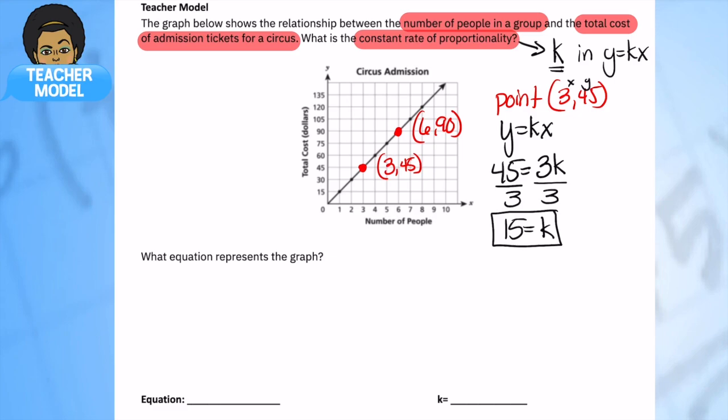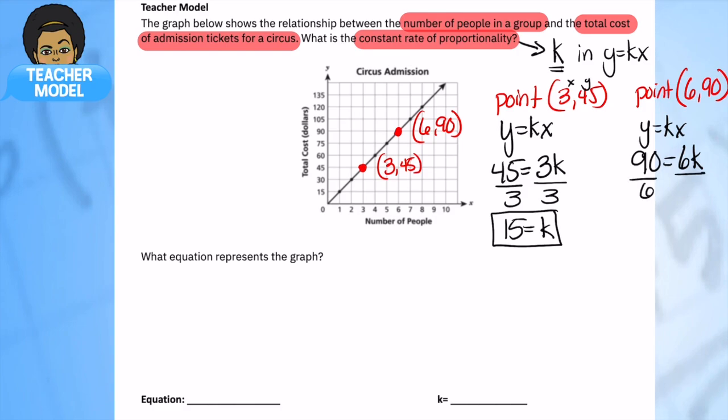Let's go and try the other point, and that would be (6, 90). I'm going to do the exact same thing. y equals kx. 90 is equal to 6 times k.